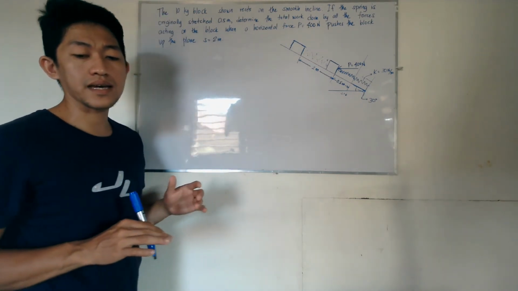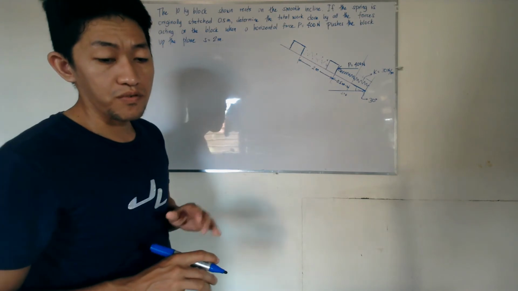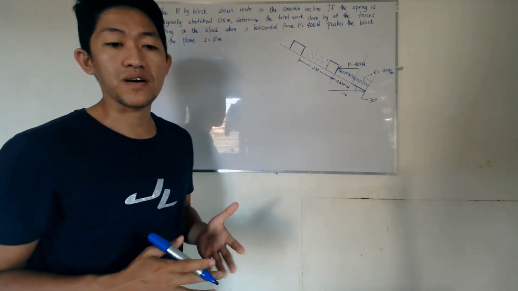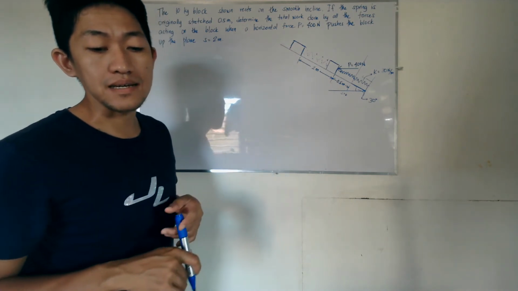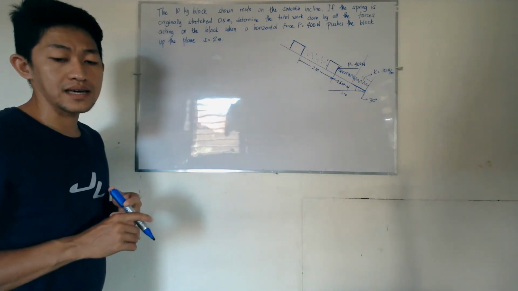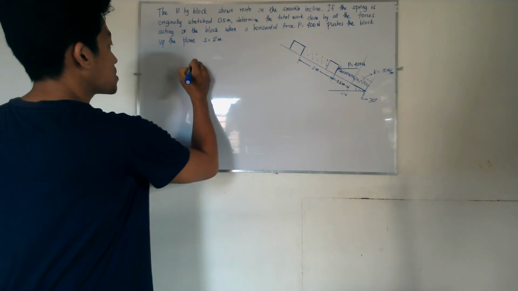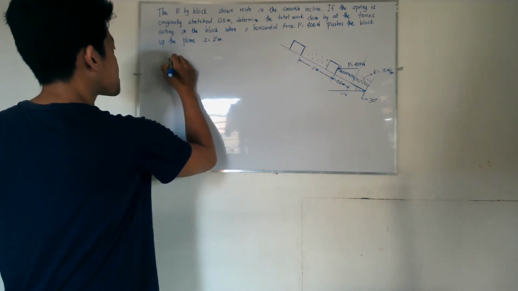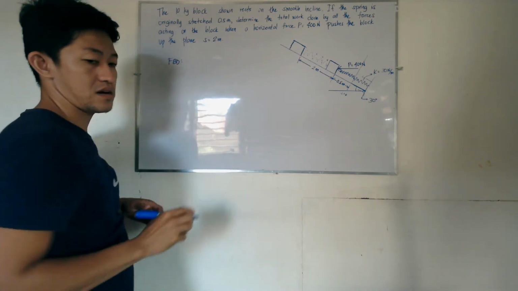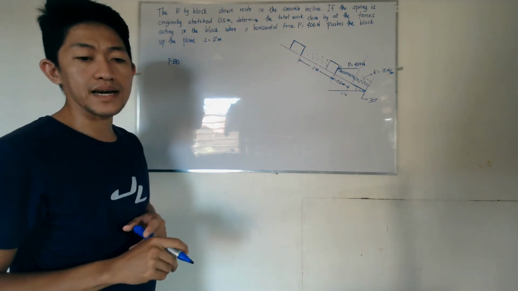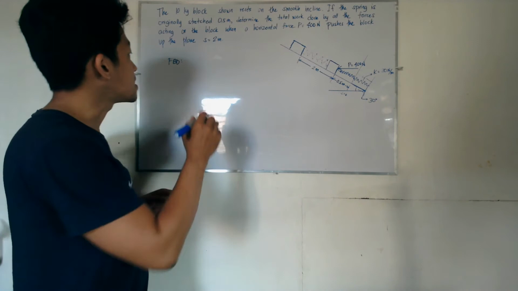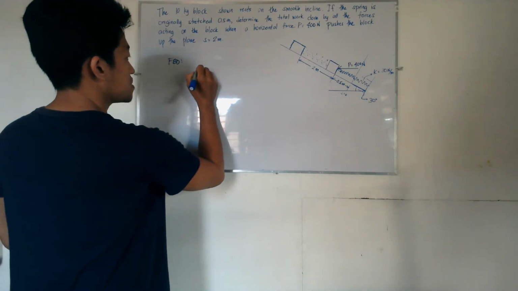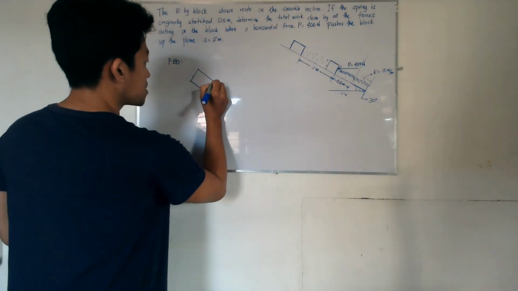So it is necessary to first make a free body diagram to show all the forces that are acting on the block. If you have a wrong free body diagram, then it is expected that your answer will also be wrong. So this is the block.